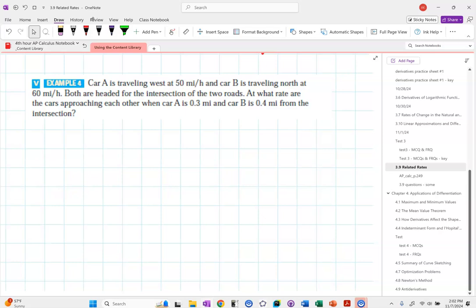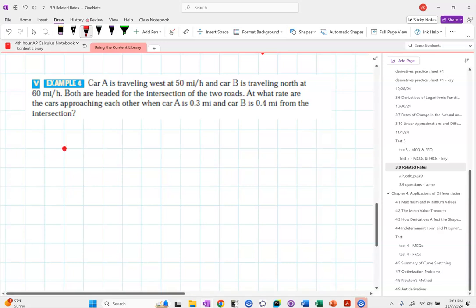At what rate are the cars approaching each other when car A is 0.3 mile and car B is 0.4 mile from the intersection? Can you picture what's going on in your head?